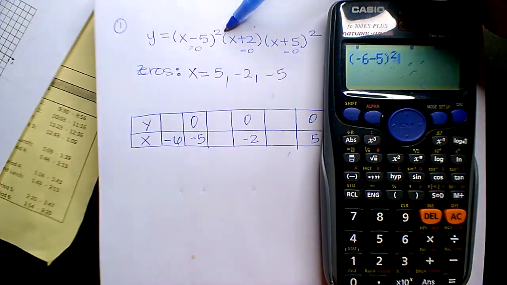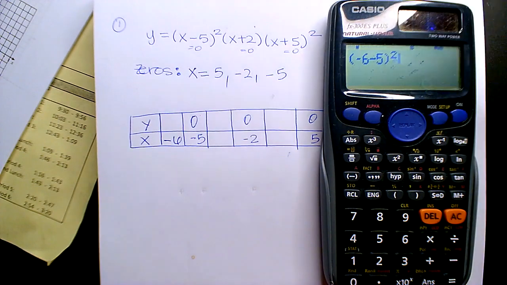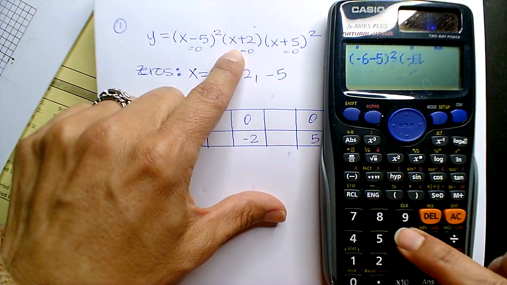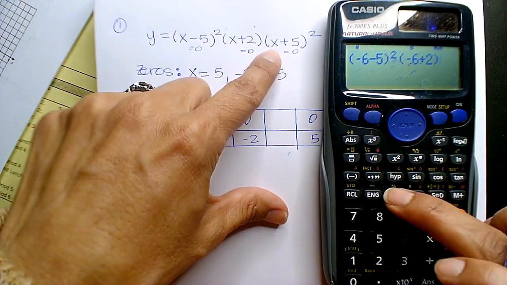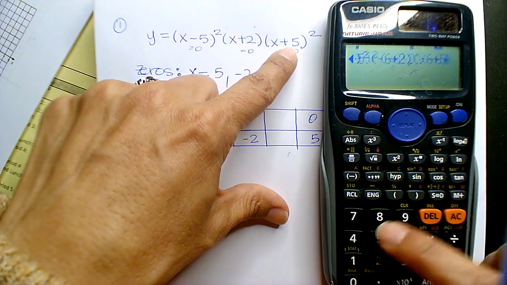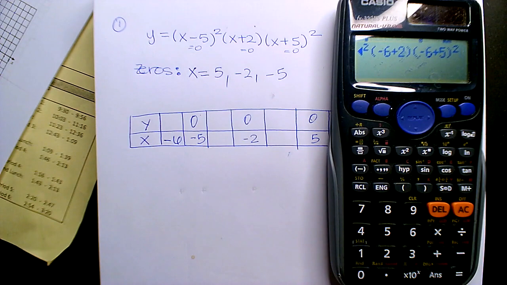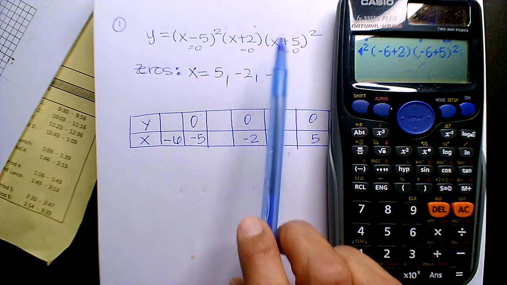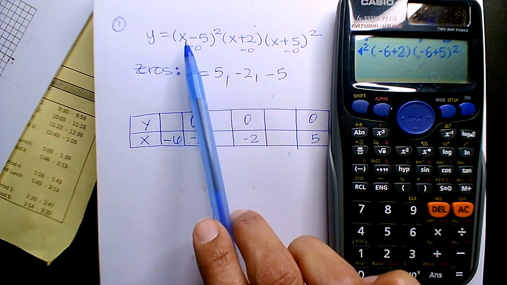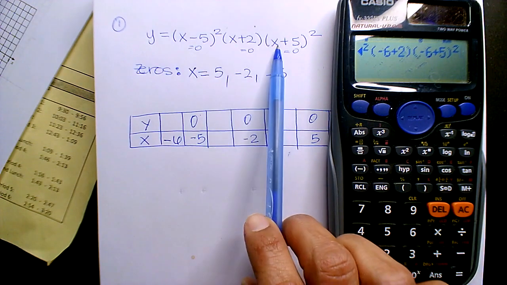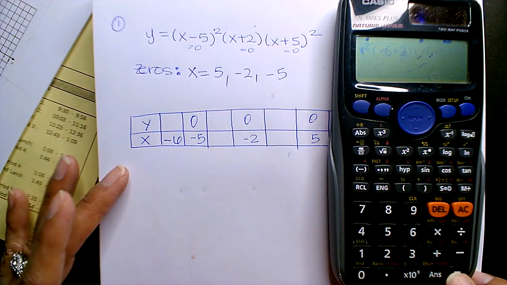Do not forget about that exponent. Negative 6 plus 2, negative 6 plus 5 squared. So you type exactly the function. It's just you replace negative 6 for x, right? Okay, so what do I get?